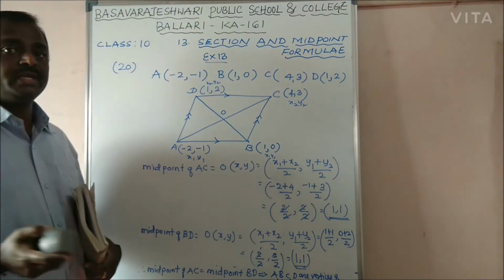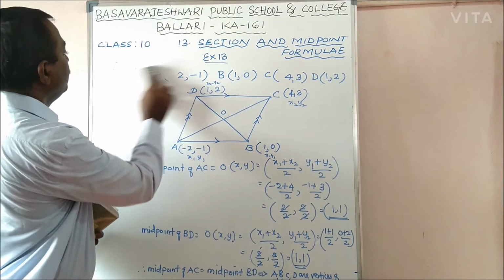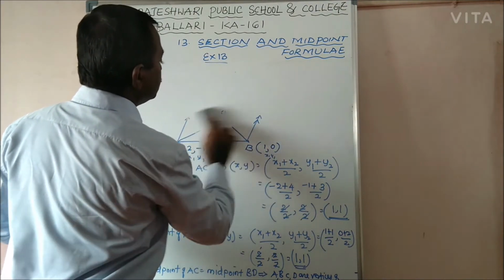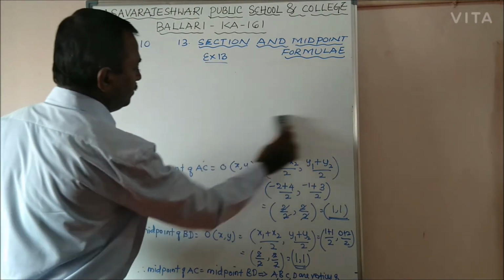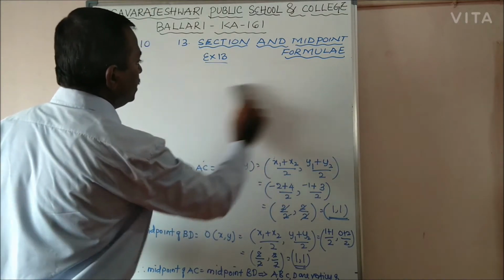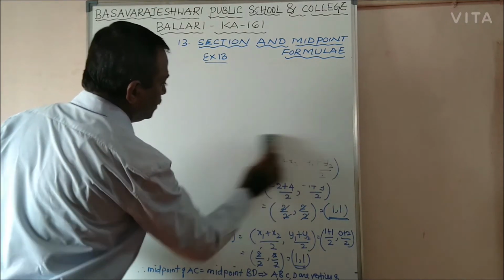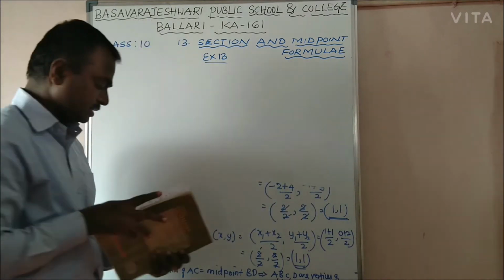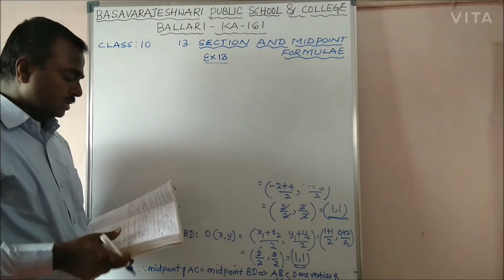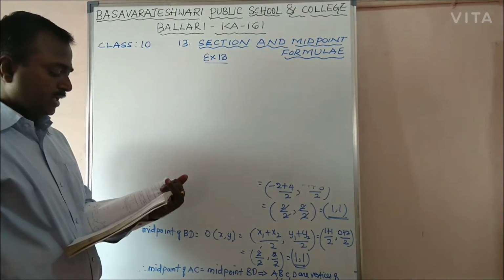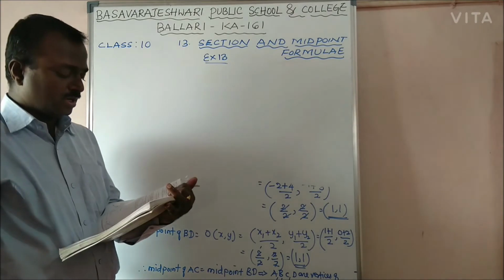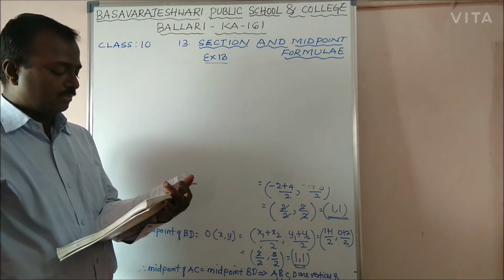So we move on to the next question. The next question is 21. What does question number 21 say? If A, B, C, D form a parallelogram, find the values of a and b.